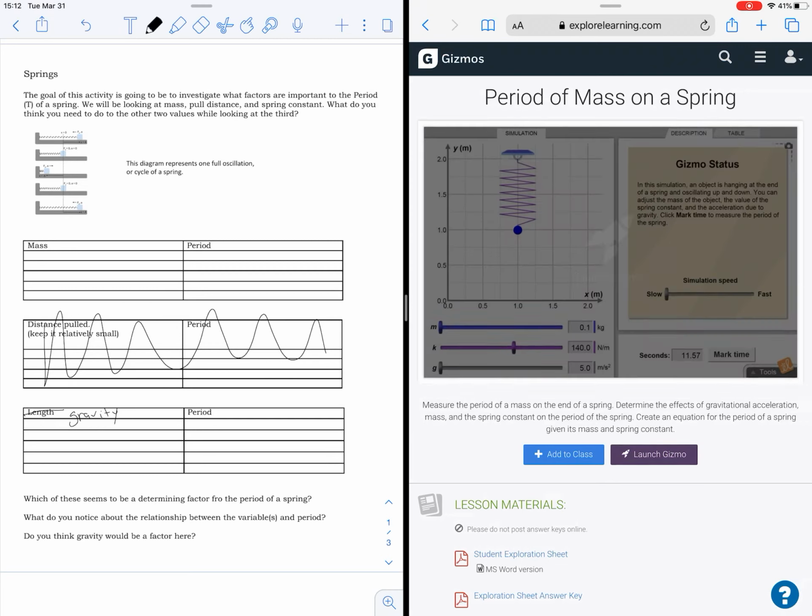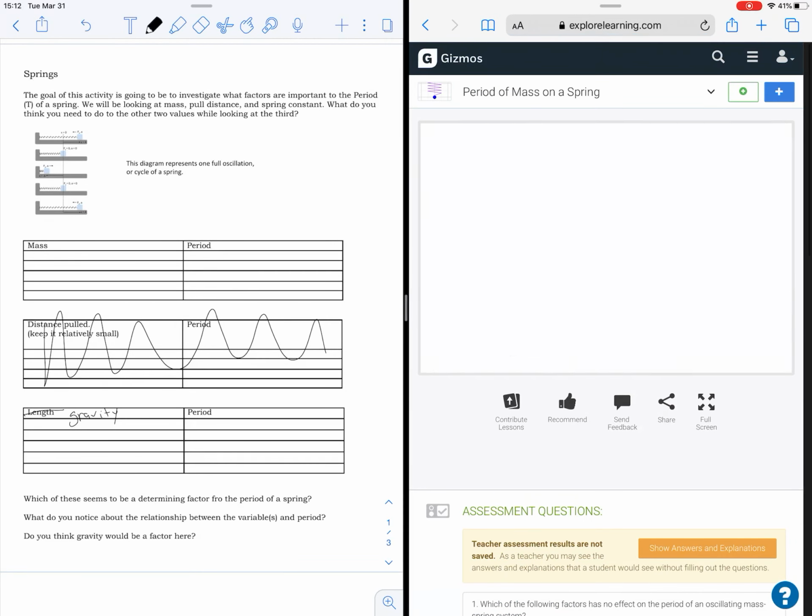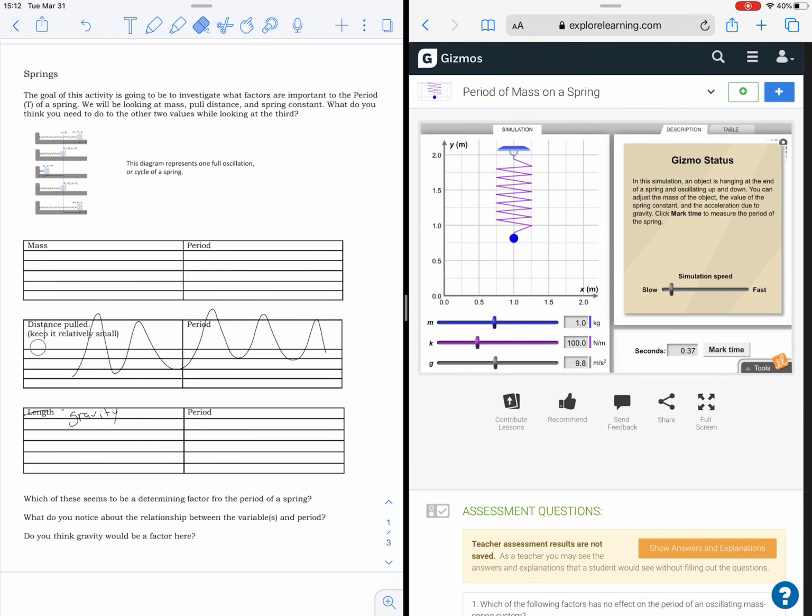You could change K as well. If you're feeling up to it, you might want to put in gravity and spring constant, K. But you don't have to. So just basically choose either gravity or spring constant, okay?